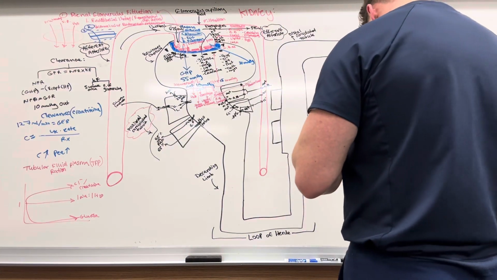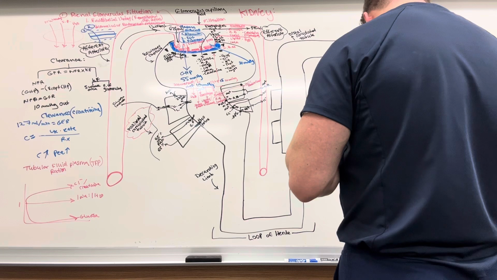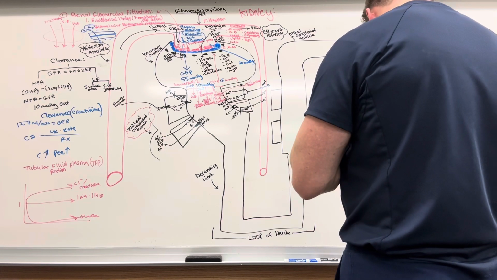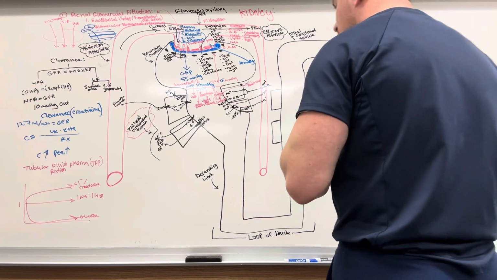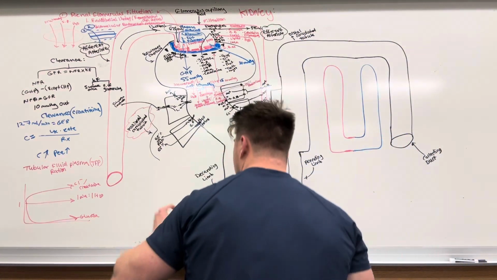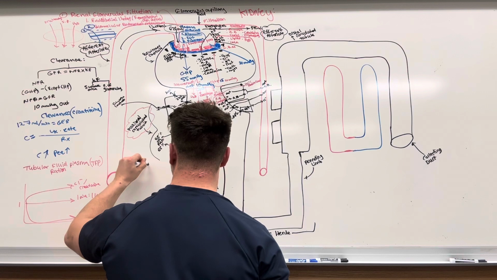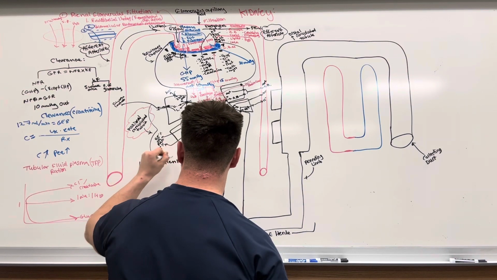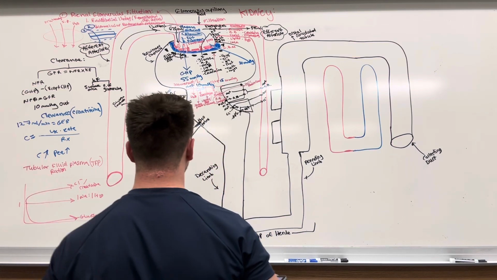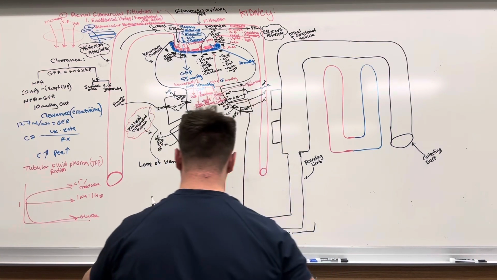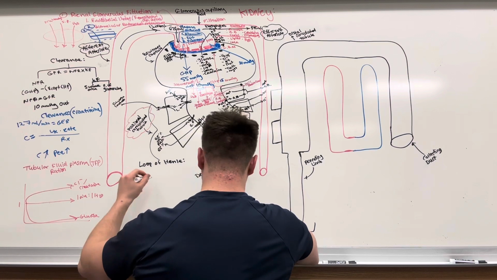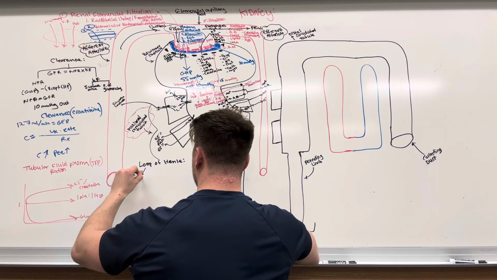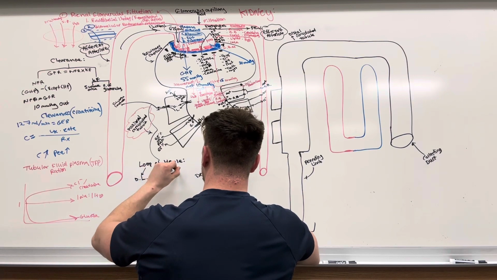As we now go into the loop of Henle and into the descending and ascending tubules, there's a couple things that we want to know. First off, we have the loop of Henle here, right? We have our descending limb and we have our ascending limb here.